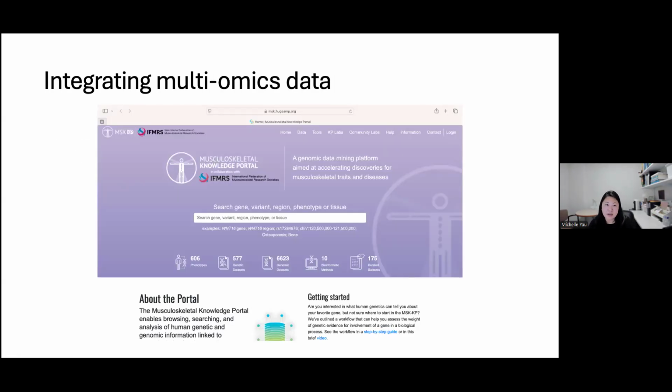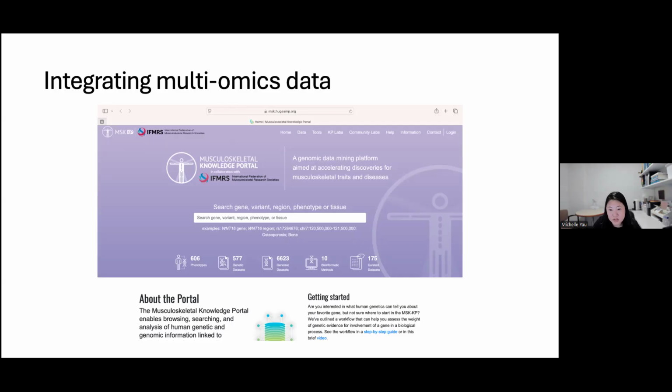And finally, I think there are opportunities to integrate these genetic data with other multi-omics data. There is the Musculoskeletal Knowledge Portal, where we're working on adding a number of functional genetics data, as well as GWAS data from all musculoskeletal phenotypes. If you do a GWAS of your favorite trait in OAI, you can upload those data to the Musculoskeletal Knowledge Portal.